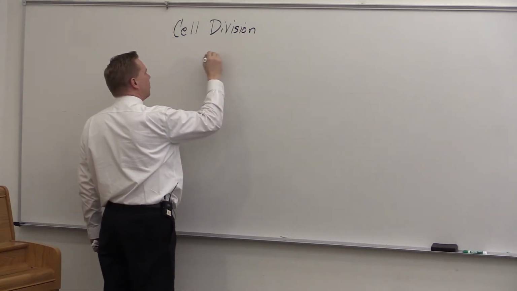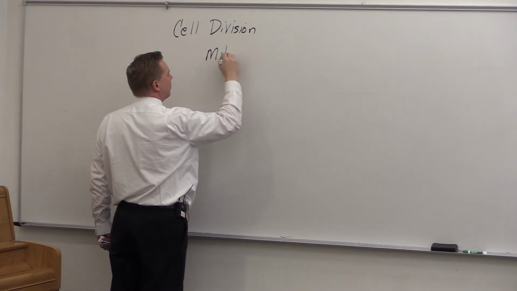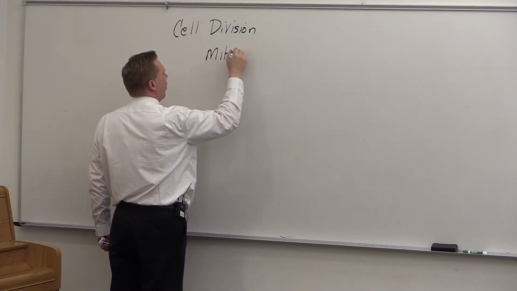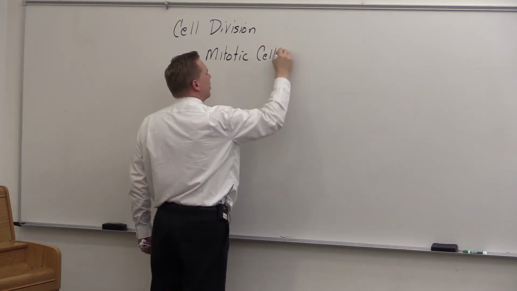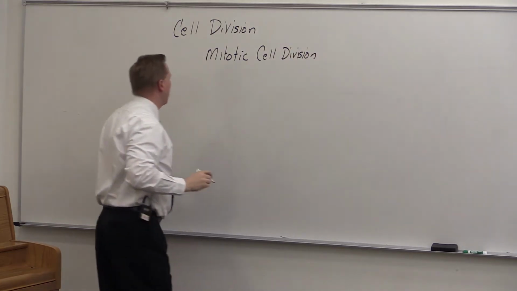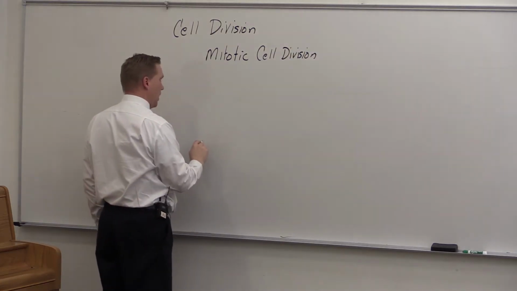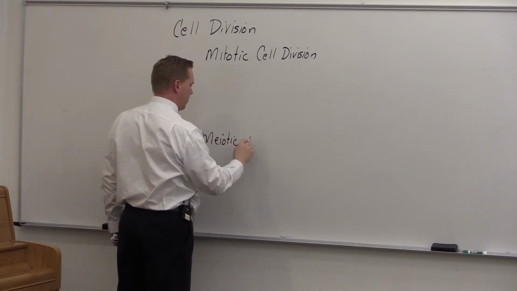One of them is mitosis, or actually we call it, better said, mitotic cell division, and then we often abbreviate it as mitosis. And then the other one is meiotic cell division.